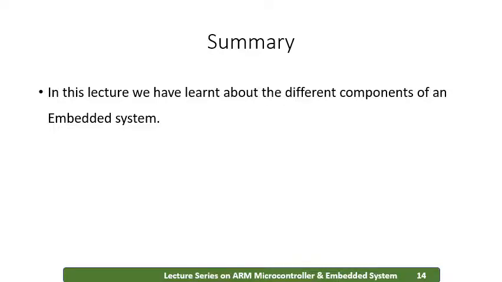We also need memory to store the data. All this we have studied in today's lecture. In the next lecture we will study the rest of the components of an embedded system. Till then, thank you.